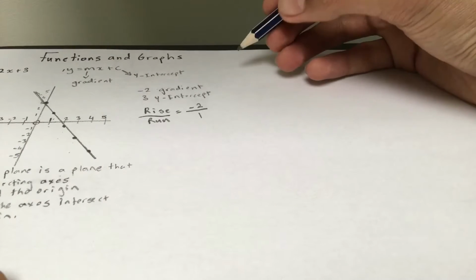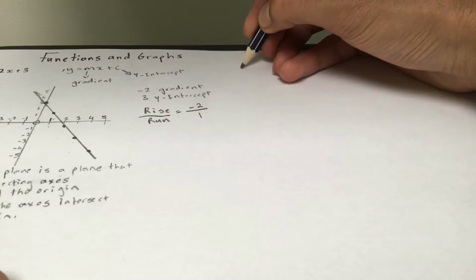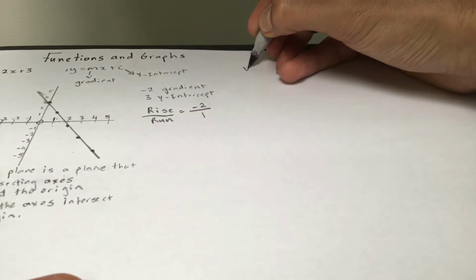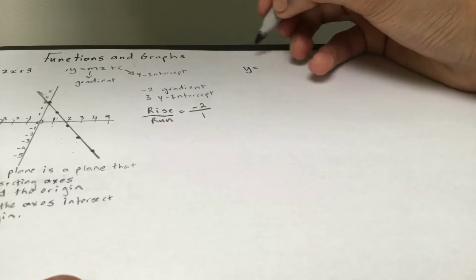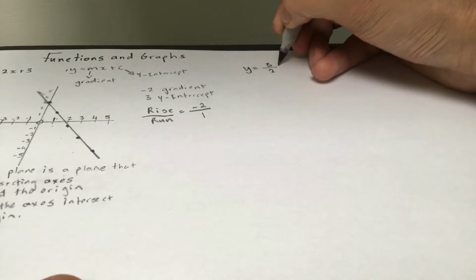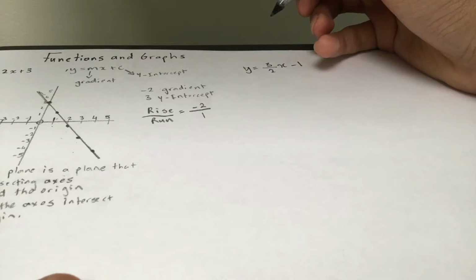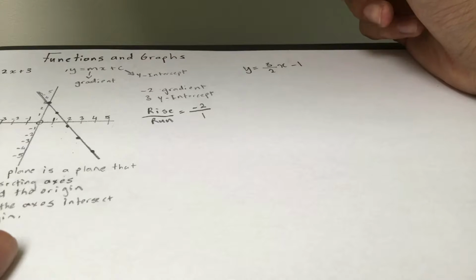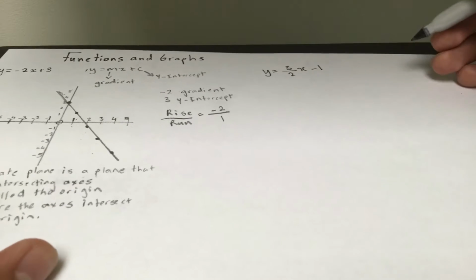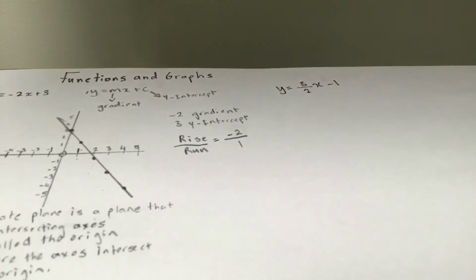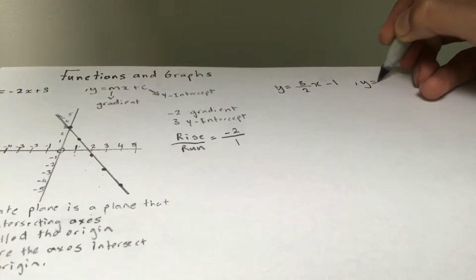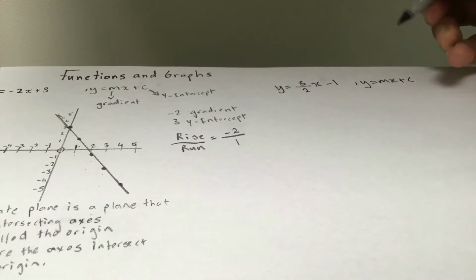Okay, our new question is going to be y equals 3 over 2 x minus 1. So now the next step is we have to use the formula y equals mx plus c.